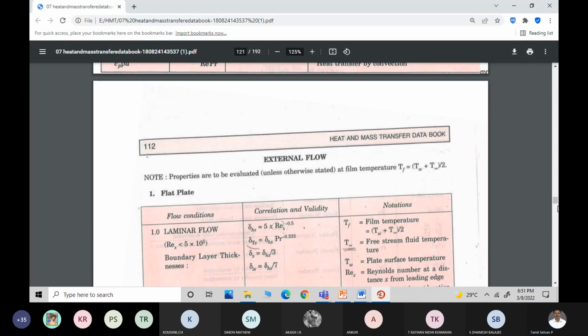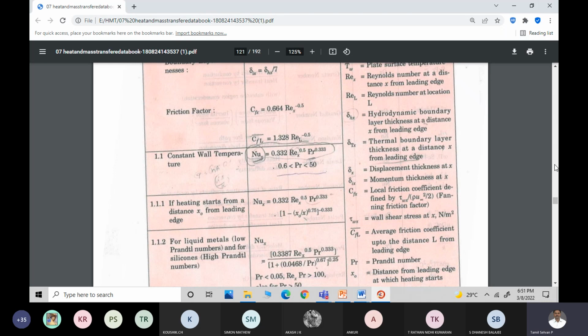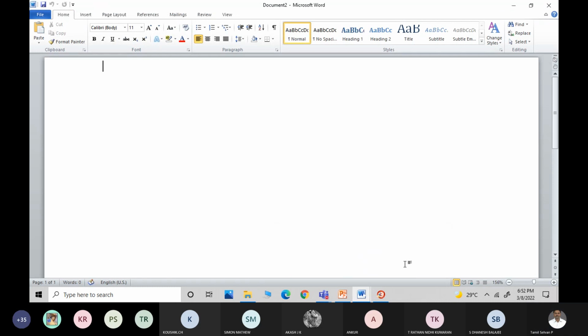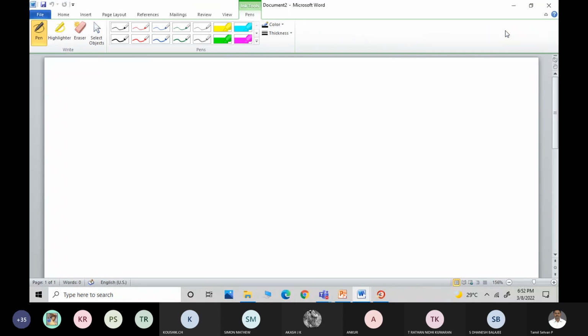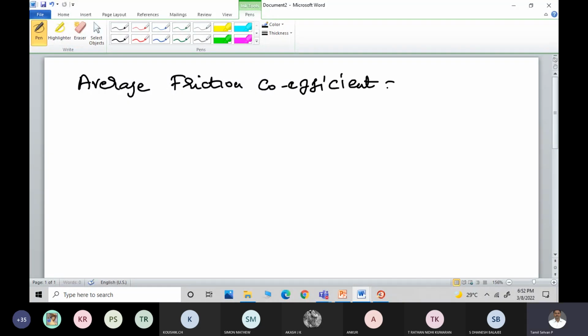So shear stress. Now, average friction coefficient CFL bar is 1.328 into Reynolds number to the power minus 0.5. Please tell me the formula.